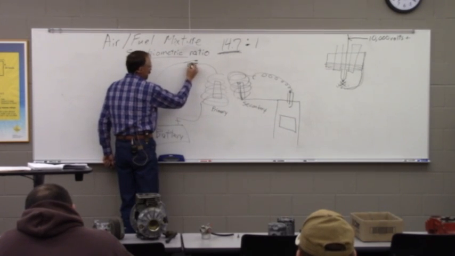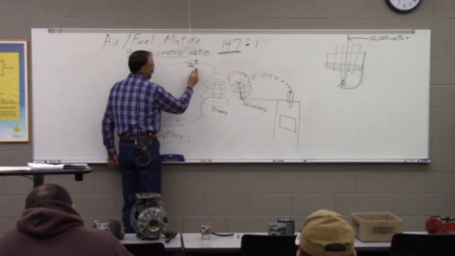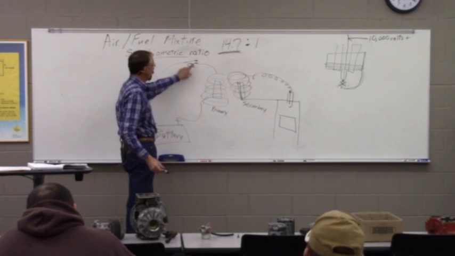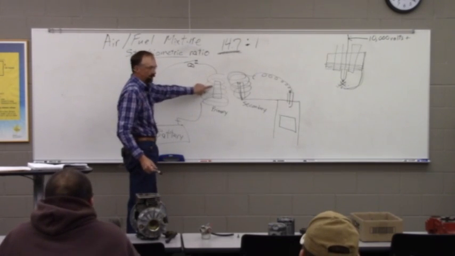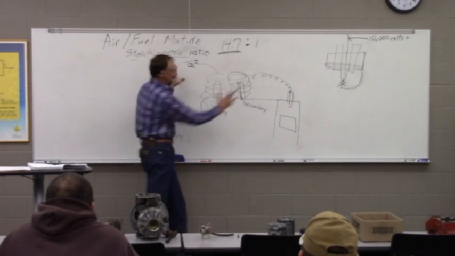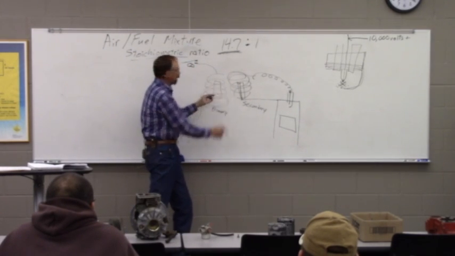And when that bump came around, it would open our points. A common misconception is the spark doesn't happen when we close the points and energize them. The spark happens when we open the points and this magnetic field collapses.